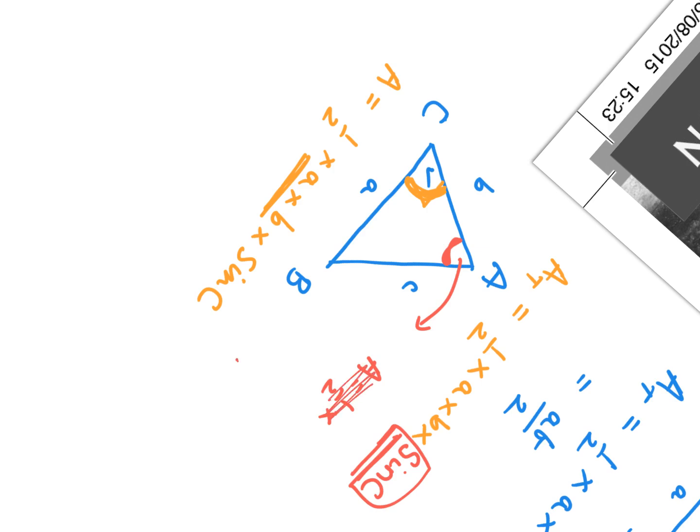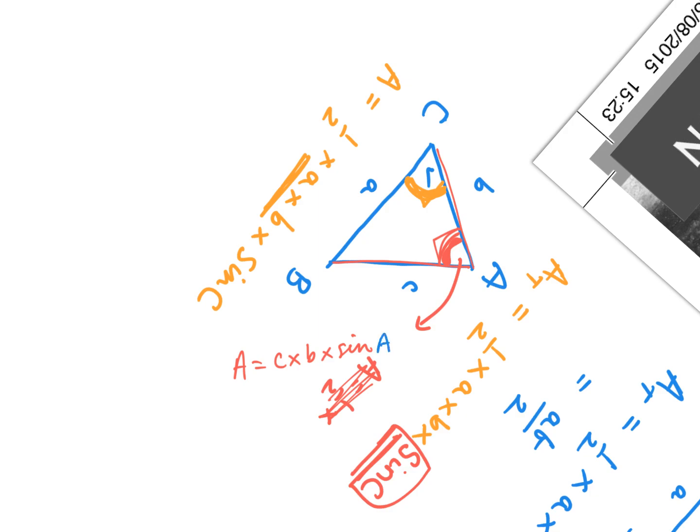So what we'd have is the area would be, let's choose, this is the base, C, times, let's pretend this is a right angle, so C times B, but we know it's not a right angle in this case, necessarily, so we multiply it by the sine of the angle which the two sides we've chosen make. Okay, so there's the angle, it's sandwiched between C and B, so that's the angle we choose.